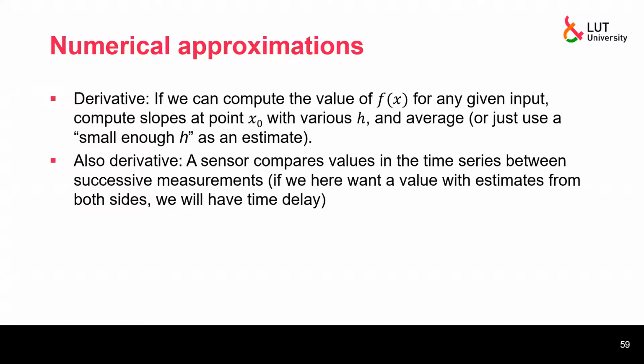So occasionally you can fudge it if you're still getting good enough numbers out of it. The really hard part is to know when you can just trust the estimate and when you need to check your results. If you're taking numerical results, it's a really good thing to substitute them back into the original formulas and check if those still hold. Also, we can do derivatives on a time series. So if we have a string of measurements, then by differences of those, we calculate the slopes between each of the measurements.